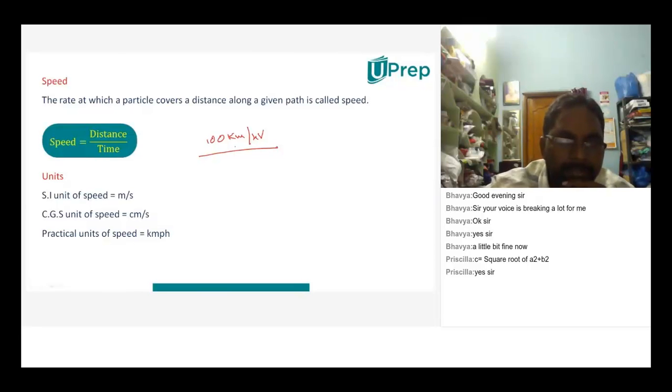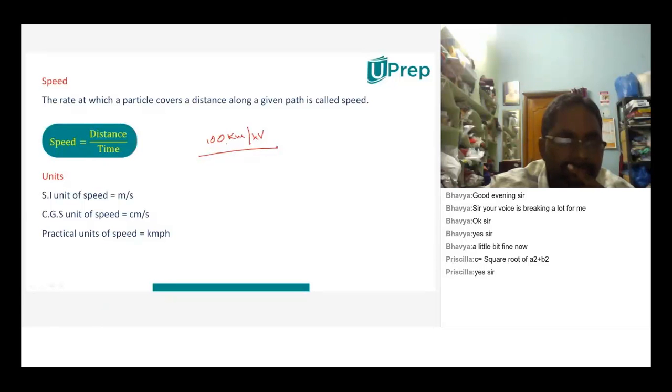He is driving the car with 100 kilometers per hour speed. Like every hour we drive up to 100 kilometers.